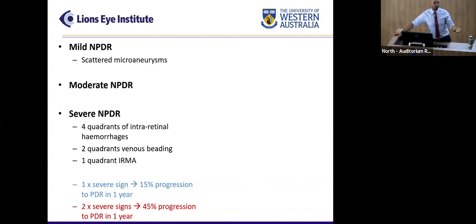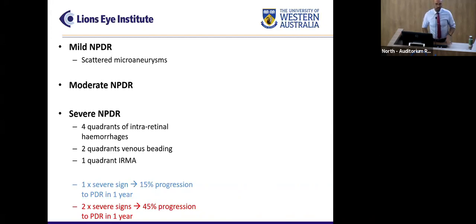Or if you've got microaneurysms plus cotton wool spots, anything but microaneurysms, and you're automatically moderate. And then if you satisfy the 4-2-1 rule up there, 4 quadrants of bleeding, 2 quadrants of venous beading, or 1 quadrant of IRMA, then you have severe non-proliferative. Okay?